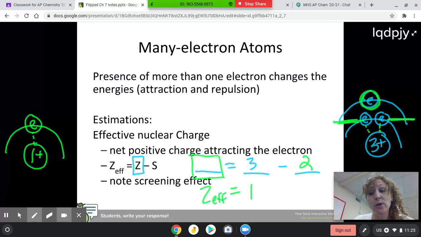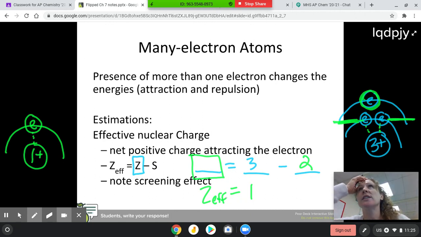So that outermost electron of lithium actually feels the same nuclear charge as the outermost electron in hydrogen, but it's farther away. This has all sorts of implications for reactivity and atomic size and ion formation and these kinds of things. Okay, so that's the concept behind effective nuclear charge.